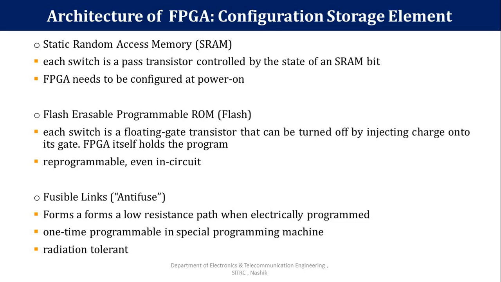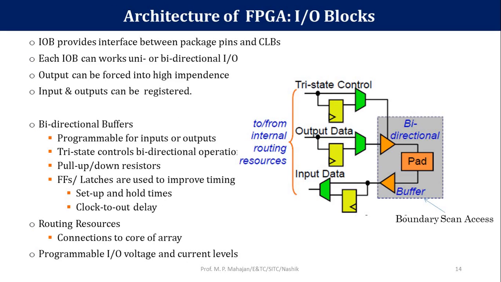At that time, the low resistance path is formed between the two interconnects, and the two interconnects are connected. These fusible links, meaning anti-fuse, are one-time programmable in special programming machines. Hence, they are radiation tolerant. This is about the programmable interconnects, and how to configure them by using different types of memory cells.